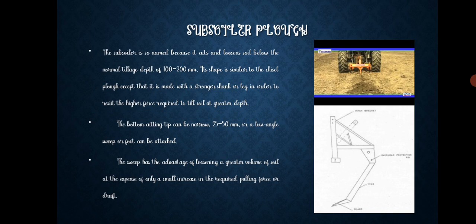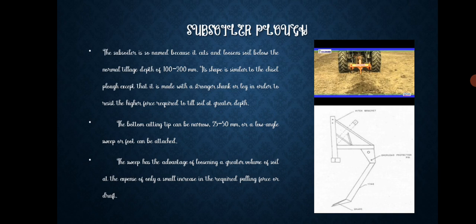Next, subsoiler. It is so named because it cuts and loosens soil below the normal tillage depth of 100 to 200 mm. Its shape is similar to the chisel plough except that it is made with a stronger shank or leg in order to resist the higher force required to till soil at greater depth.